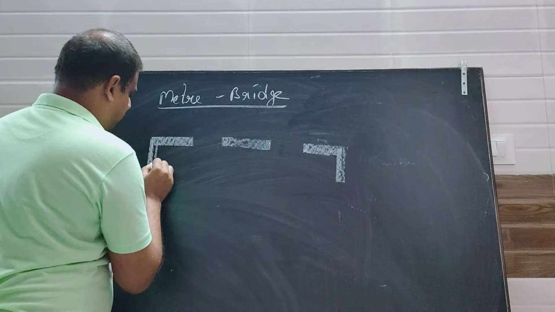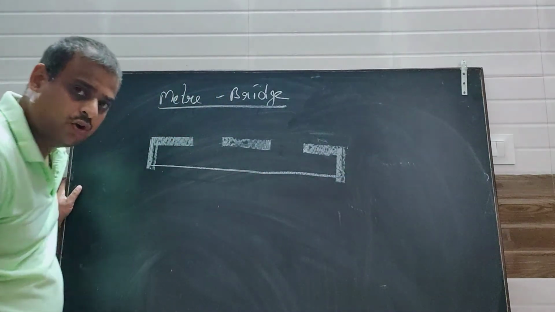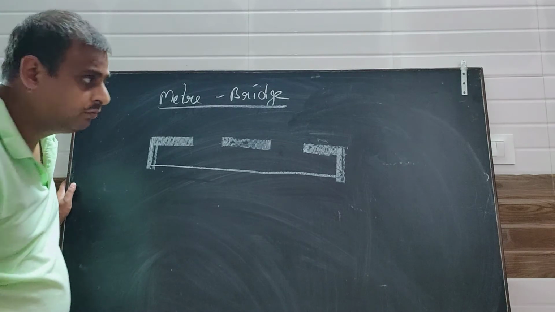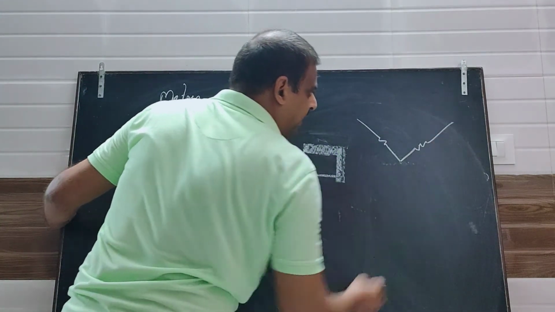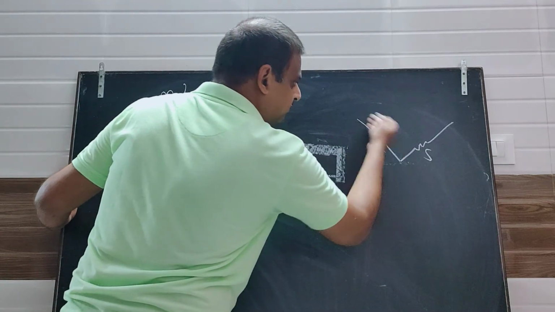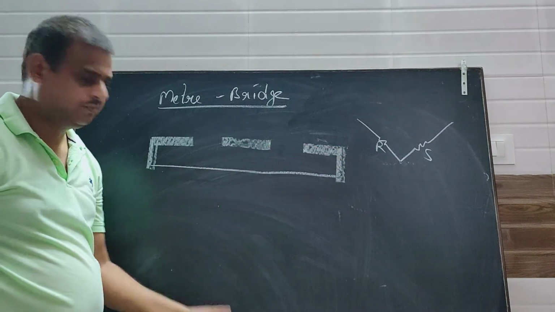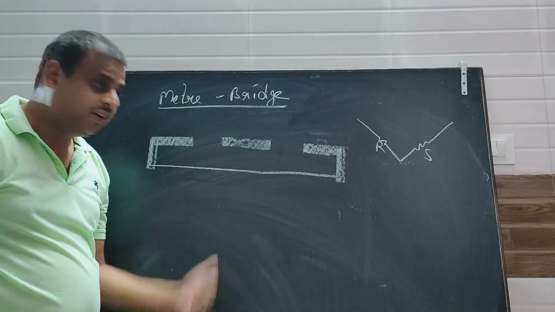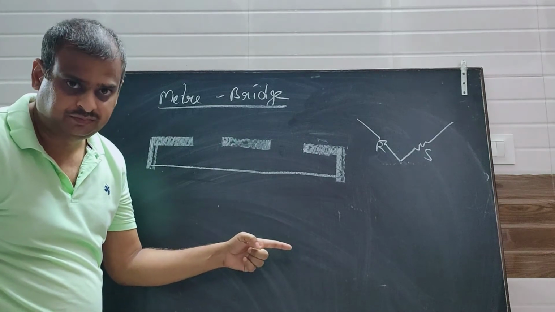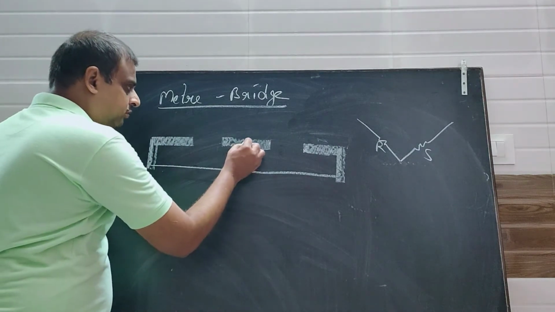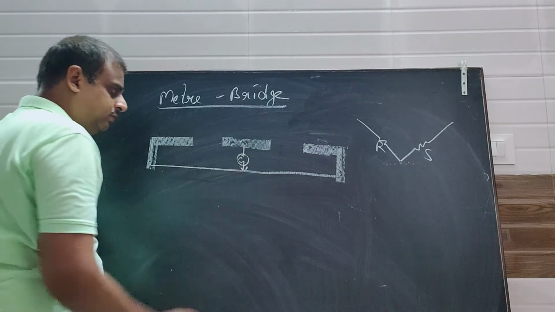Here we will have a nichrome or constantan wire for the R and S resistances. We have considered a wire of length 100 centimeter, and we will connect a galvanometer with a jockey.